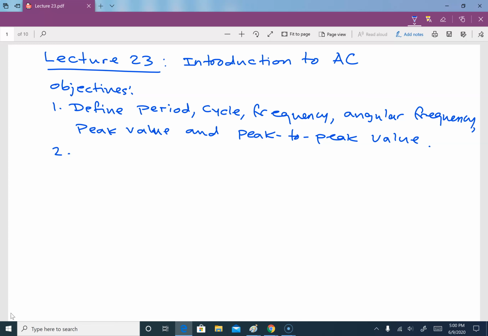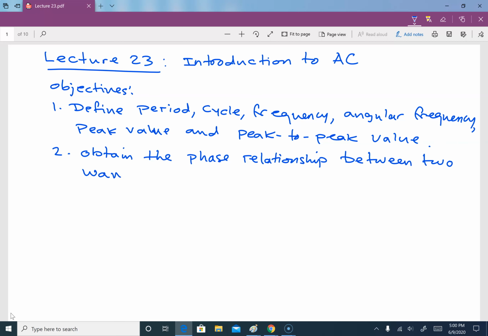And then you should be able to know how to obtain the phase relationship between two waveforms.